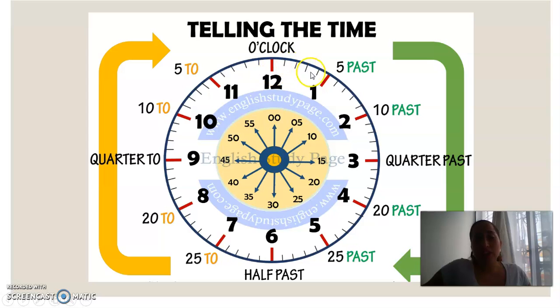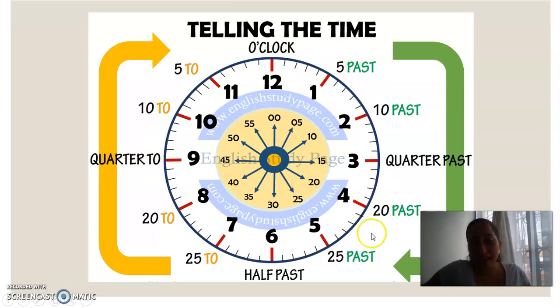In this side of the clock, the right side, we have all these parts, we have to say past. Past. This green line, this is past. And on the other side of the clock, this orange side, we say to.